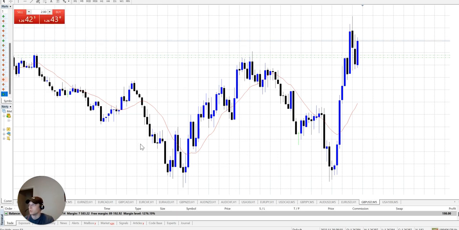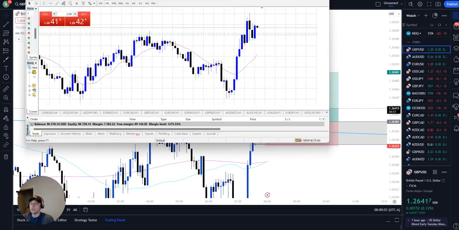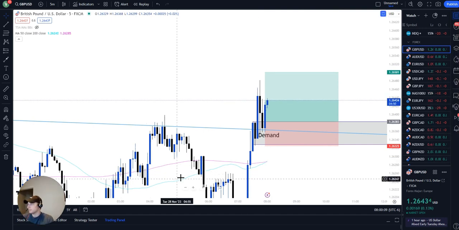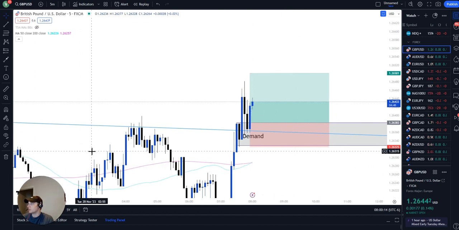So we'll see how this plays out. Risking around 0.5% and hoping to close 1% or more. And that's the goal. That's all I can do. So just wanted to show you guys that to let you guys know I am actually in this trade. I'm not just doing this for demo or whatever, but yeah, this trade's looking pretty good so far.